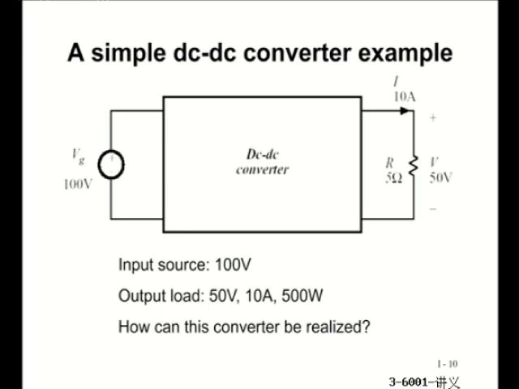That means we want to convert a specific input DC voltage, in this case 100 volts, to the output, because the output requires 50 volts DC. This very often happens in real applications. Very often the input is at one level and the output actually requires another level.